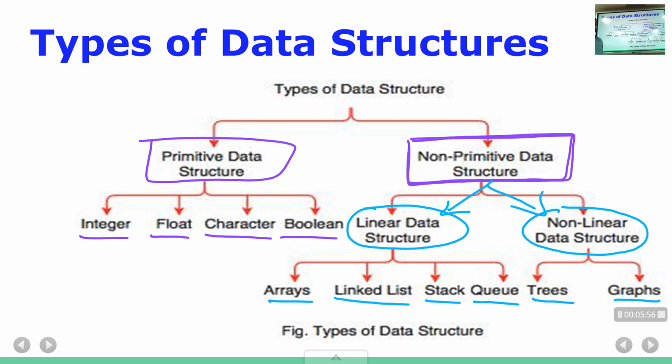In non-linear data structures, the data cannot be placed linearly or in one row. Okay, so trees and graphs have to be placed in multiple rows.